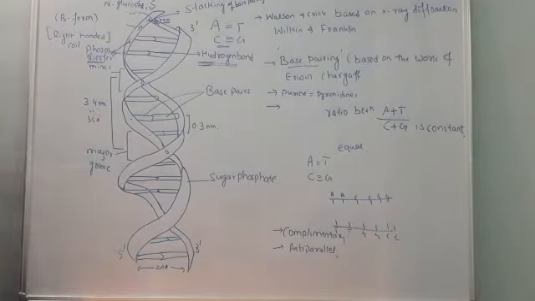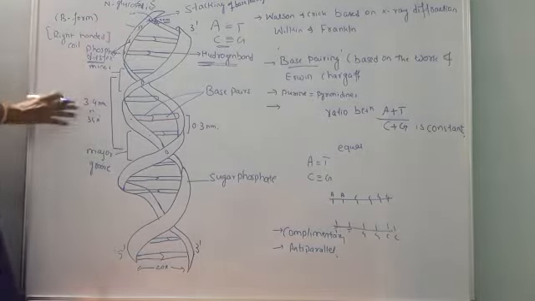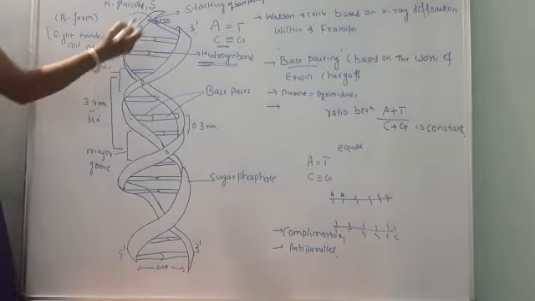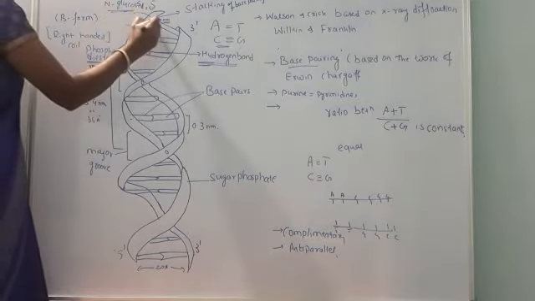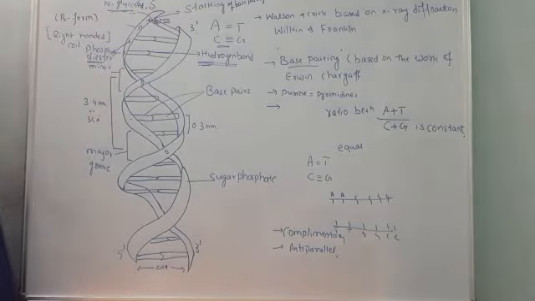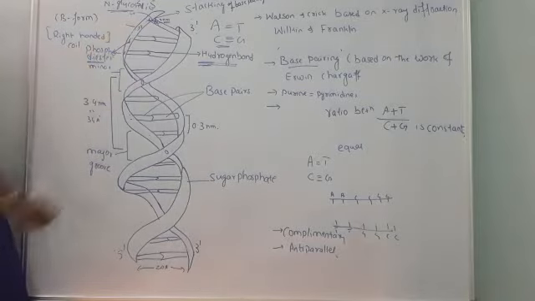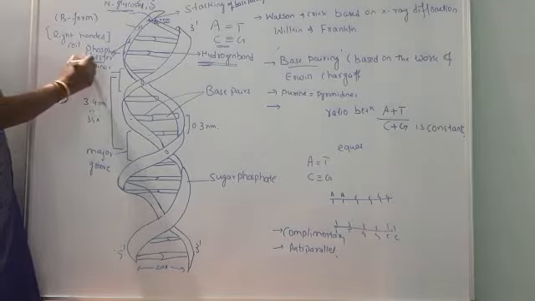Totally, there are three different kinds of bonds we come across in the DNA structure. One is the N-glycosidic bond, which is present between the nitrogen base and the sugar. The second is the phosphodiester bond, by which each nucleotide is attached to the next.